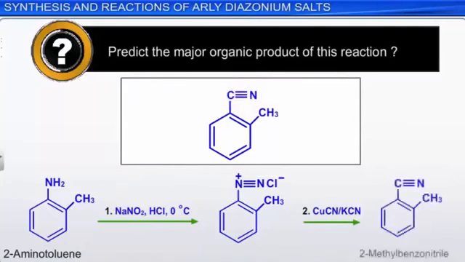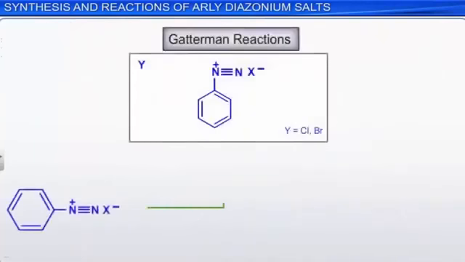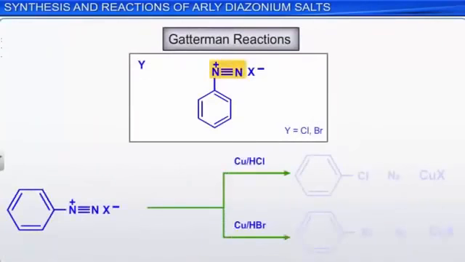In the Gattermann reactions, the diazonium group is replaced by a chlorine or bromine group. To carry out these transformations, the diazonium salt solution is treated with the appropriate halo acid in the presence of copper powder.